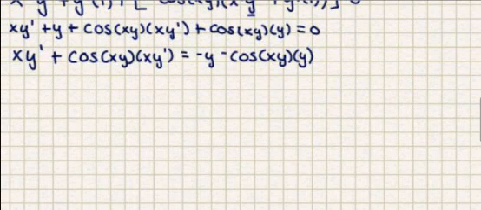And now we're going to factor out a bunch of stuff. So first factoring out the derivative of y, and then you'll notice that x is shown in both terms too, so we can factor that out.